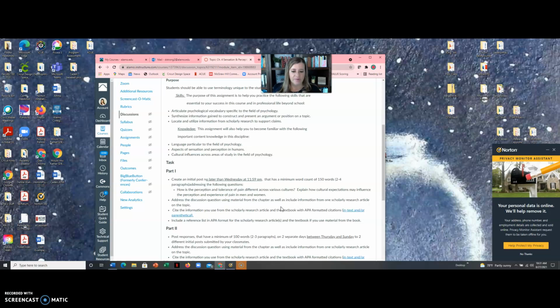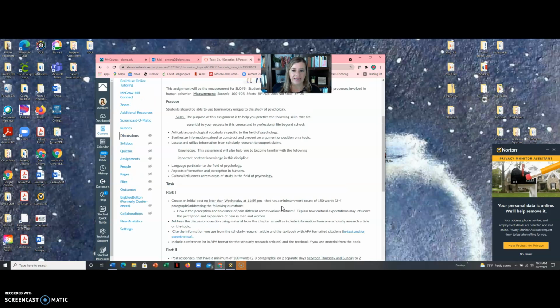If you go into your book, you can start seeing some information about that. Certainly you want to use the library. Remember, in the Getting Started module, there are videos on how to search for articles in the library. As we look here, you're prepping by reading the chapter, understanding what we're talking about with pain perception, which is found in chapter 4, and then finding an article, locating and utilizing information from scholarly research.